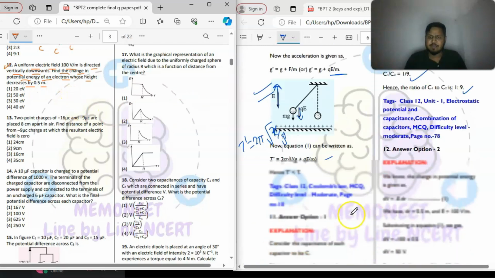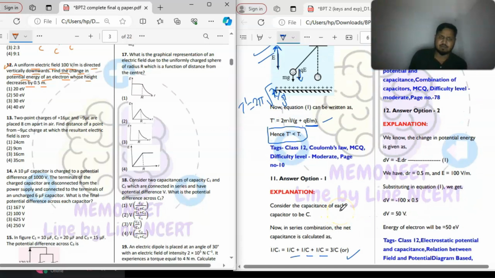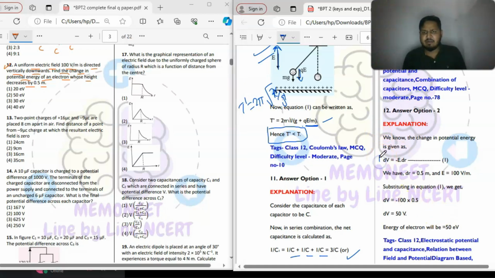Now we have to use the relation between the potential and the electric field. We already know that dV is equal to minus E dot dr. Here dr is 0.5 meter, and the electric field is 100 volt per meter. After solving, we get dV equal to 50 volt.